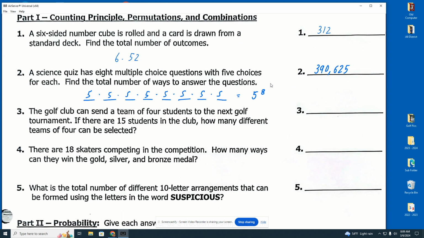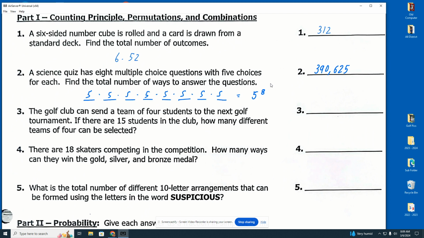Number 3, the golf club can send a team of 4 students to the next golf tournament. If there are 15 students in the club, how many different teams of 4 can be selected? All right, so we have 15 people. We're selecting 4. Well, anytime you have a problem like that, 15 people selecting 4, you know it's either going to be a permutation or a combination.